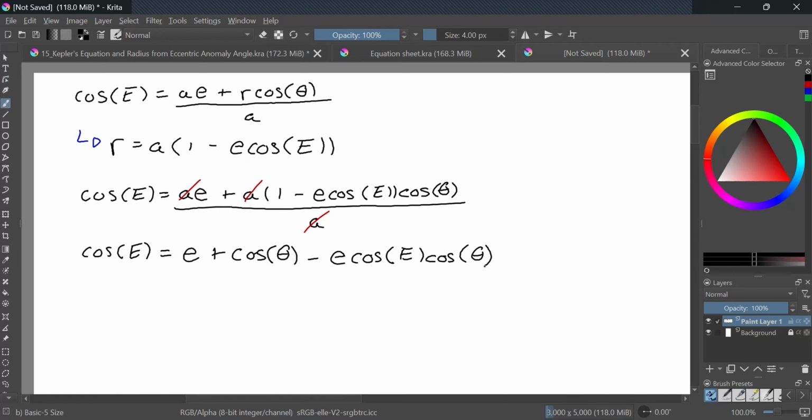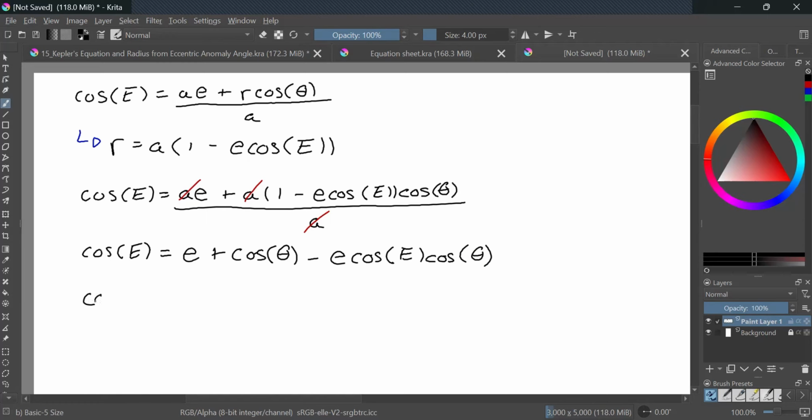Well, we have an eccentric anomaly angle here. We can move it over to this side. I'm going to go ahead and take out the cosine of E. I almost said undistribute. That's probably wrong.